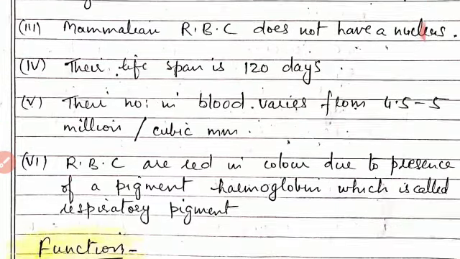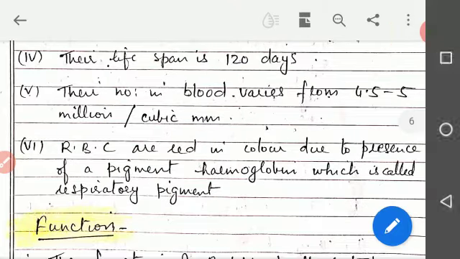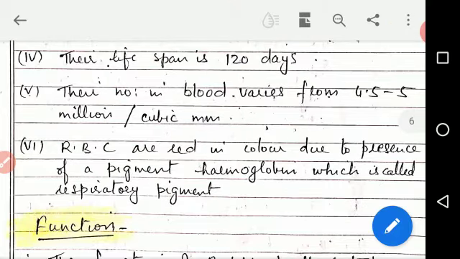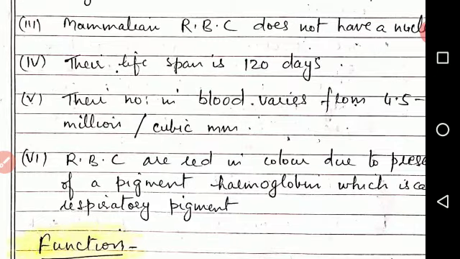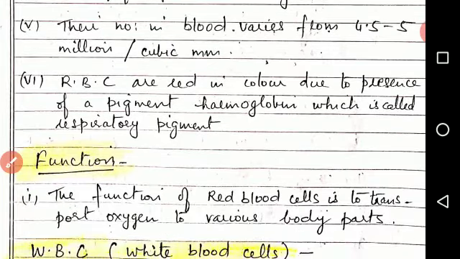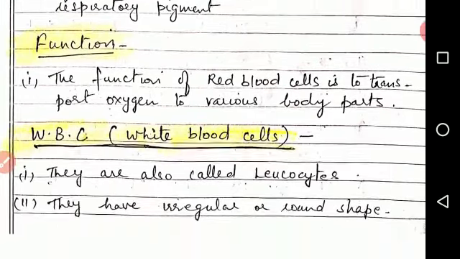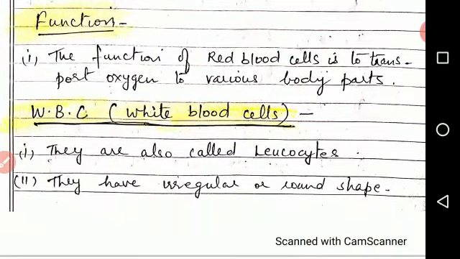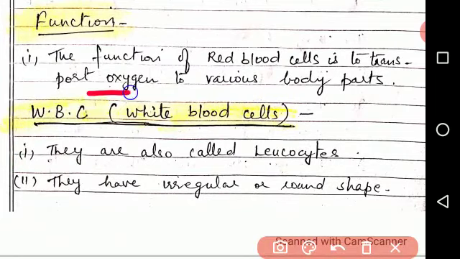Fifth, their number in blood varies from 4.5 million to 5 million per cubic millimeter. Sixth, RBC are red in color due to the presence of a pigment, hemoglobin, which is called respiratory pigment. Functions: the function of red blood cells is to transport oxygen to various body parts.